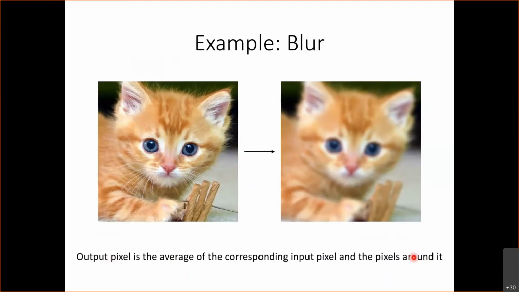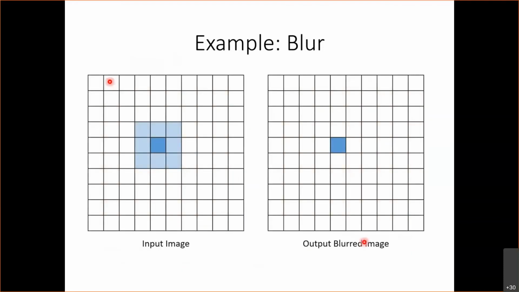So for example, if this two-dimensional array was my image, and this was my output image, then this pixel in the output image is going to be the average of this pixel in the input image and the pixels around it.